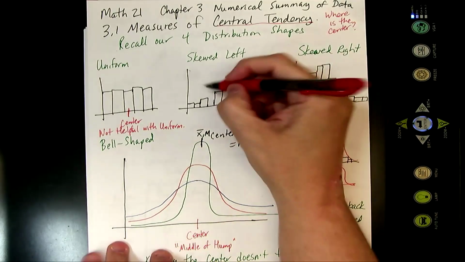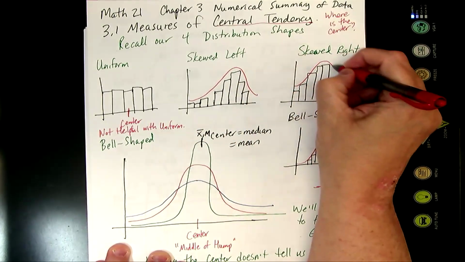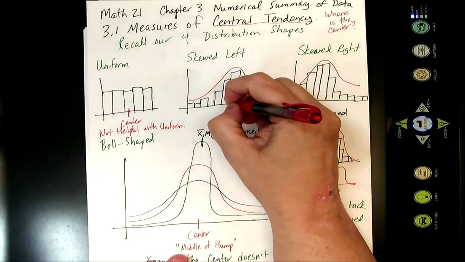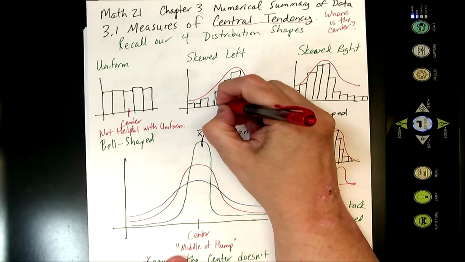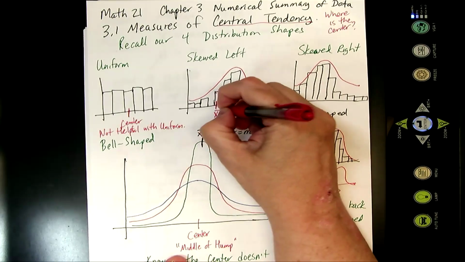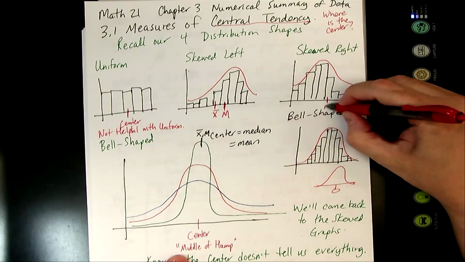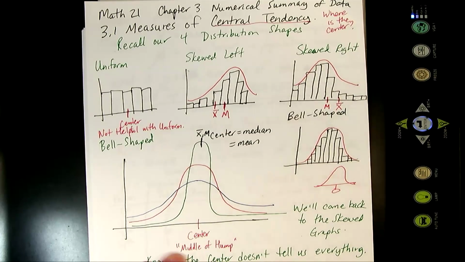On the skewed graphs, the median is closer to the hill than the mean. And in some cases, a lot closer.